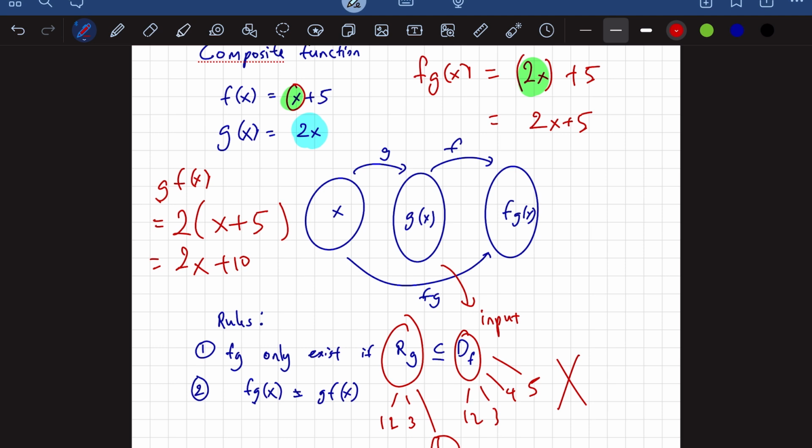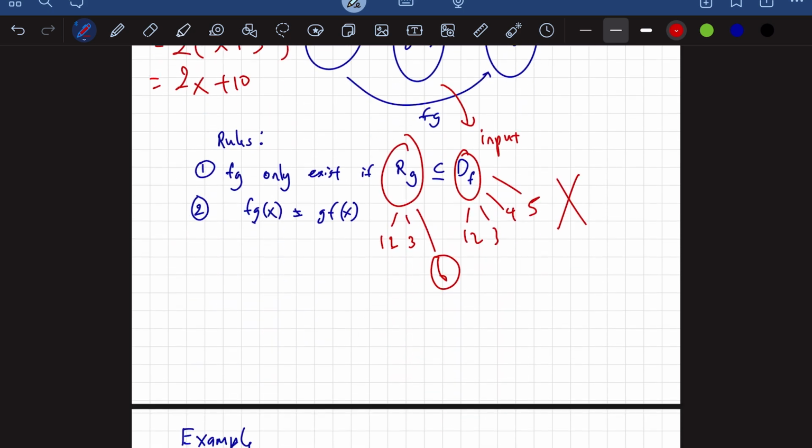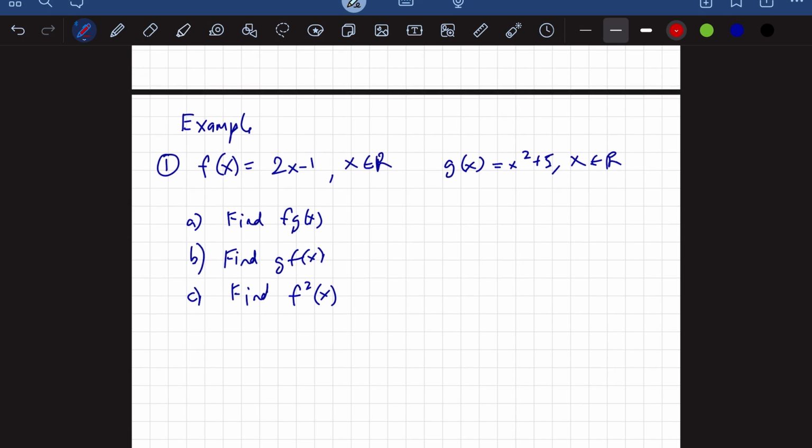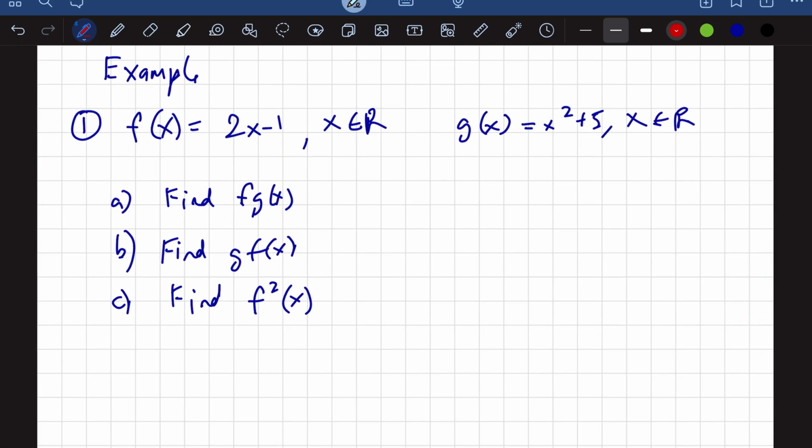Let's look at a few examples to help you understand how to do composite functions, as well as how we find the domain and range of composite functions. Let's look at this example. I have f(x) equals 2x minus 1 with the domain where x belongs to all real values, and I have g(x) equals x squared plus 5 with the domain of x belonging to all real values.